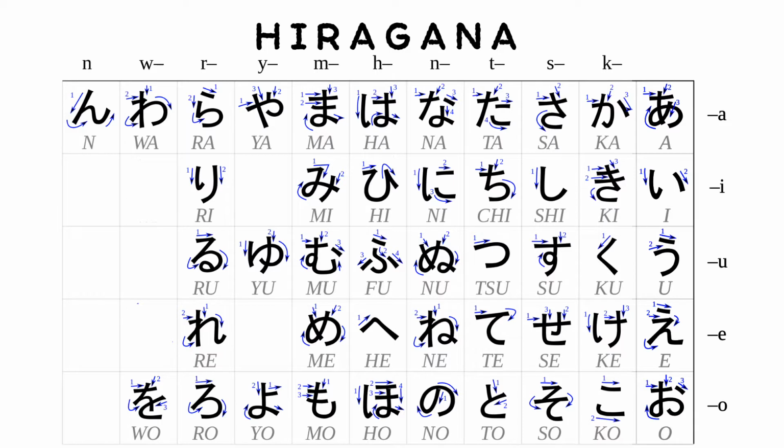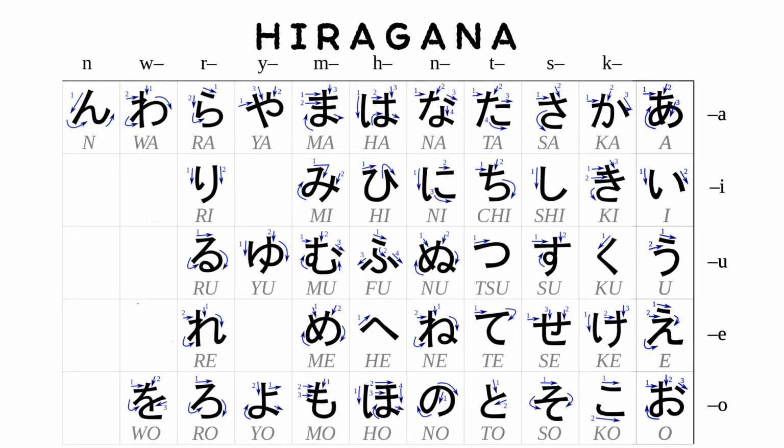Then we follow with the consonants, basically adding consonants and vowels together, like K and A. If we add them together, they will become ka. And the next, K plus I, will become ki. And so on and so forth.